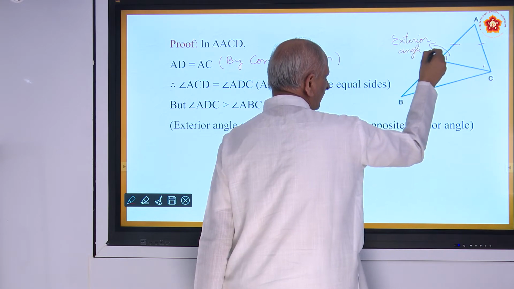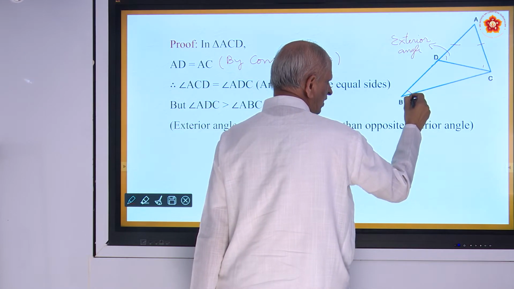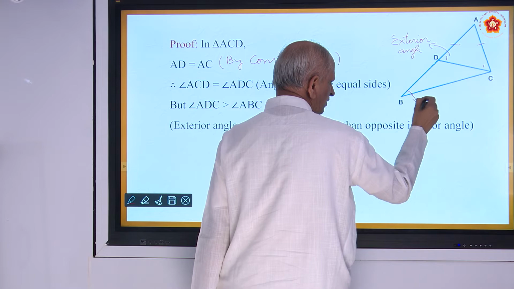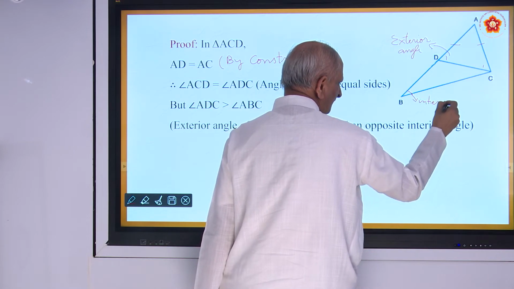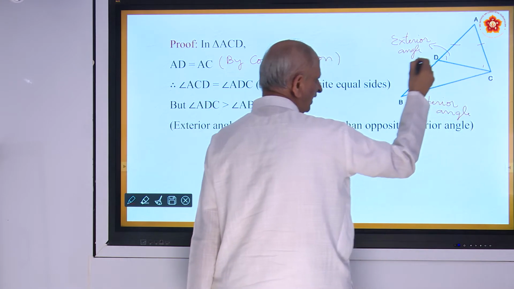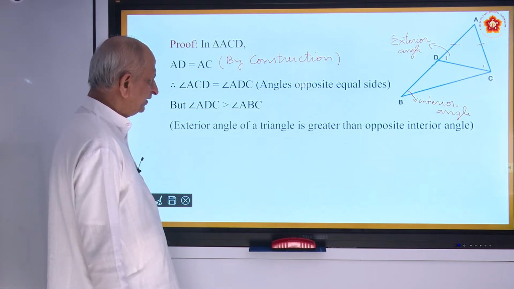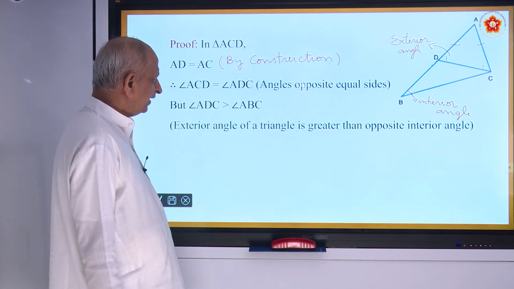When you take this triangle, this is the interior angle. So what you are writing now? You are telling that the exterior angle is more than the interior angle. That's what you are telling. Okay.